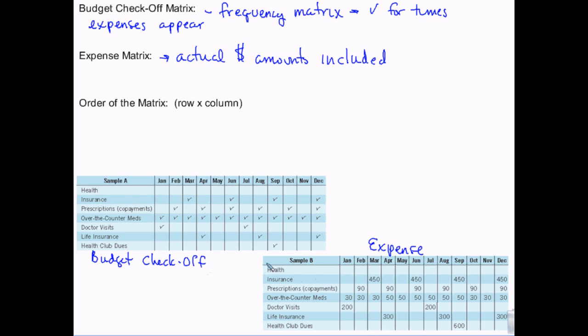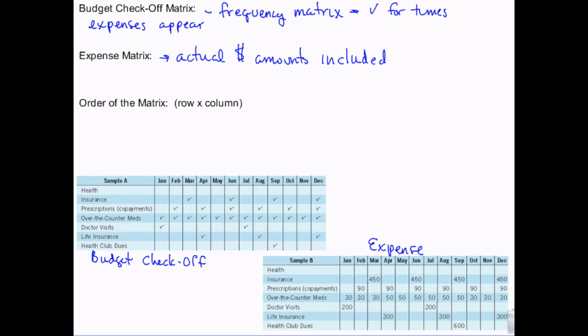Okay, now you can see, to me, this is a more useful matrix because it has actual money. So I know this is 230, this is 120, 480, etc. So I know how much the expenses are. Now this is an annual listing, and an annual listing like this will help you make a monthly budget, because something that occurs once a year, you can split up into all of the months.